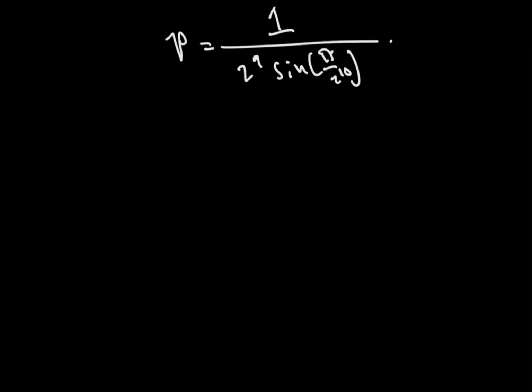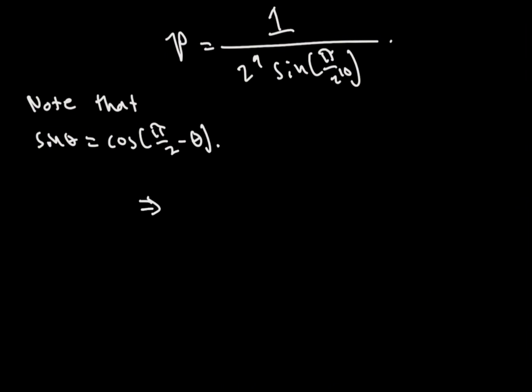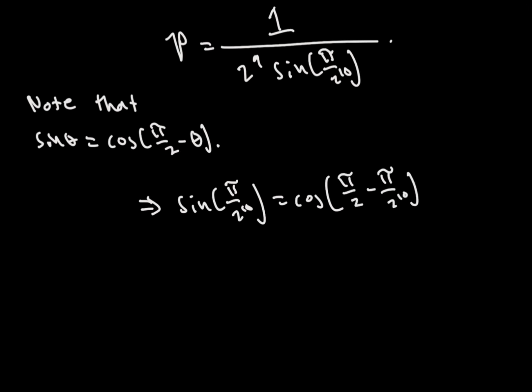We can pretty easily fix this by remembering that sine theta is equal to the cosine of pi over 2 minus theta. Using this will give that the sine of pi over 2 to the 10th is going to equal cosine of pi over 2 minus pi over 2 to the 10th. And so let's do a little bit of arithmetic to simplify this.